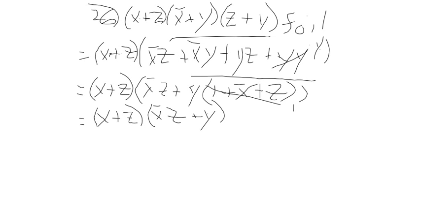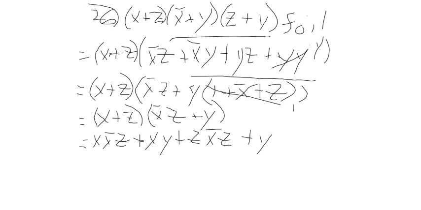Now we can go the one step further and do FOIL again on these two terms. That gives me x naught z for my first, or my outside gives me x y, or my inside gives me z x naught z, and then my last gives me yz.